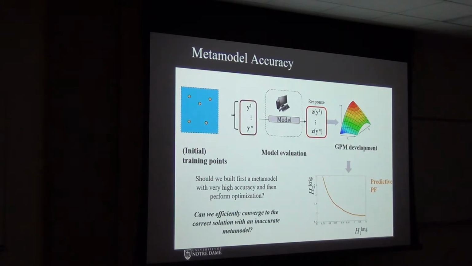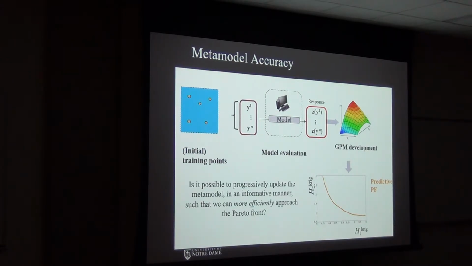The question that we pose to ourselves is, can we efficiently converge to correct solutions with potentially inaccurate meta models? In other words, do I need to have a globally accurate meta model, or is a locally accurate meta model sufficient? And what does locally accurate mean? This is where the iterative approach comes in. Let's say that we had a budget of 5,000 experiments that we thought we could afford.